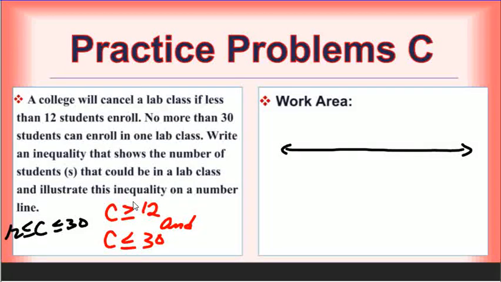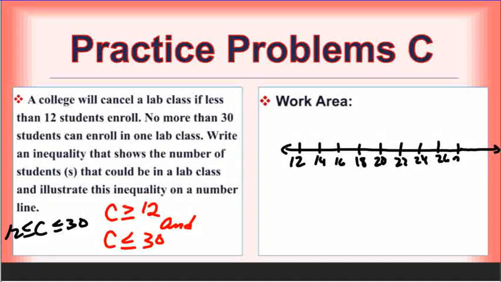We can graph this one. So I'll count by twos, so I'll start at 12, 14, 16, 18, 20, 22, 24, 26, 28, 30.